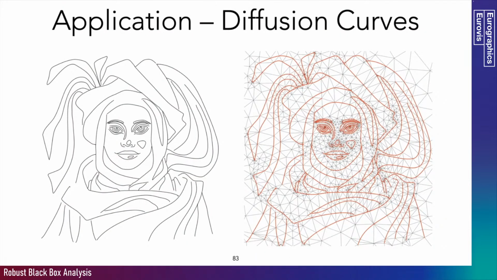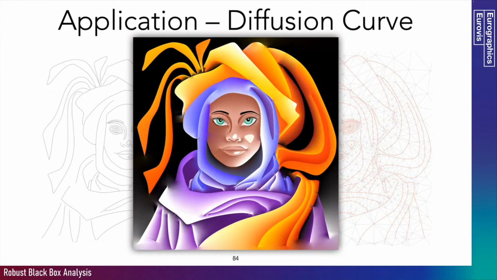What can you do with this? You can, for example, do diffusion curves, which is a technique introduced by Adobe a few years ago. The idea being that you have a drawing and you have color assigned on the two sides of the curve, and then you diffuse it, solving a harmonic problem. And here, the advantage is that, as you can see flickering between the two, the two meshes have the same number of elements, so the cost is almost the same.